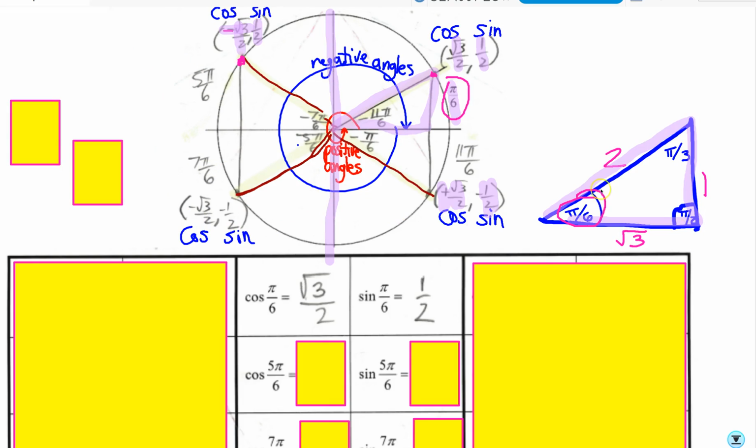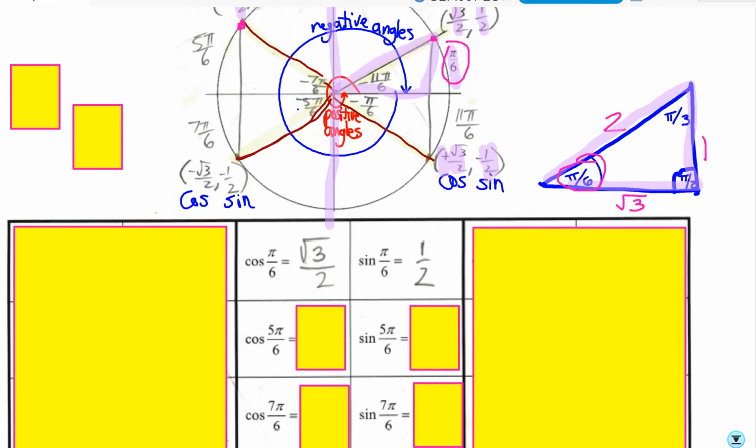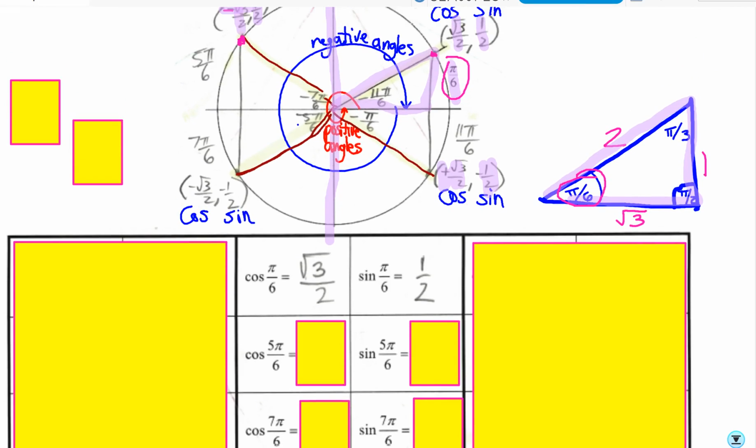Some of you may be like me and later on use this triangle moved around the unit circle to come up with your ratios. But for now, we're just getting used to the fact that we understand symmetry, and symmetry changes signs, and therefore we're going to just read off of the unit circle to come up with our different measurements. 5 pi over 6 is in quadrant 2.